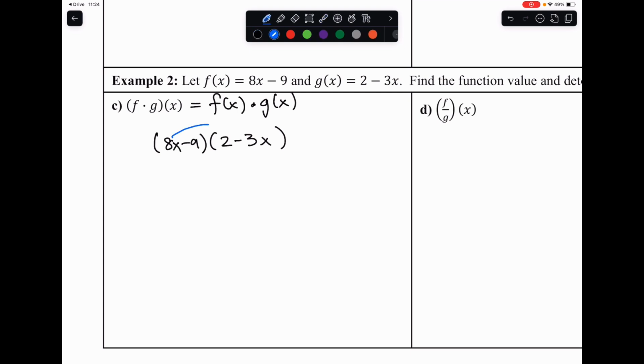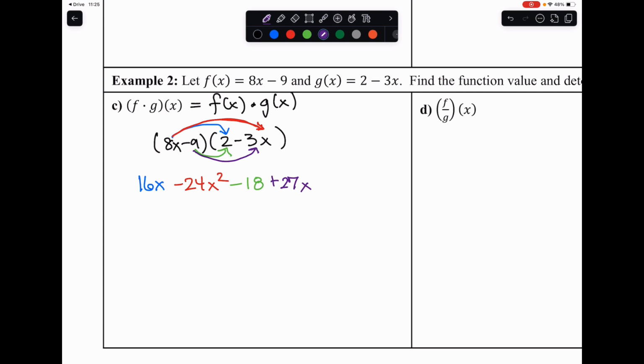Multiplying the first term with the first term, which is a total of 16x, multiplying the outer terms, which is negative 24x to the second power, multiplying the inner terms, negative 18, and then multiplying the last terms on each function. So negative 9 and negative 3, that's a total of positive 27x.